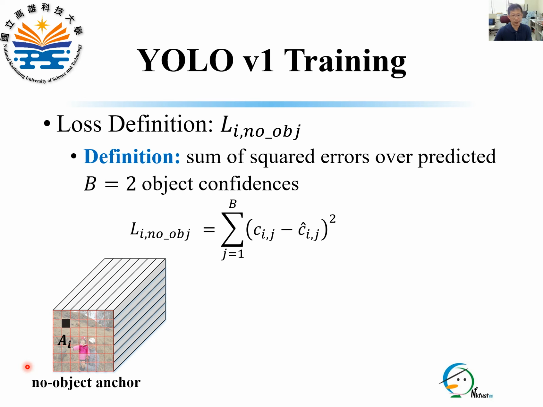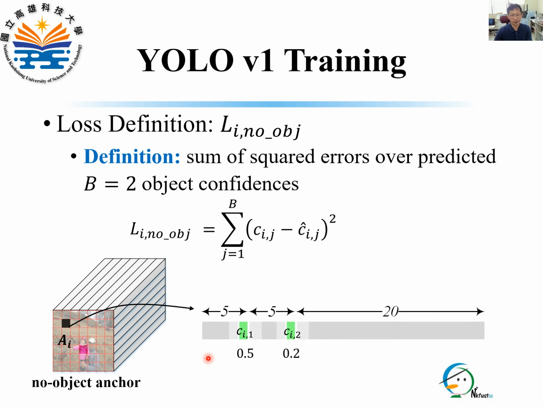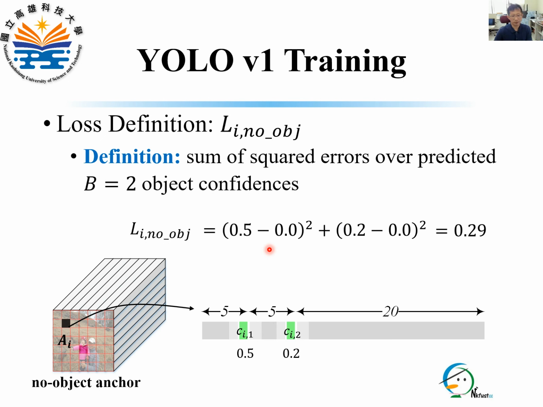For this non-object anchor, let the predicted two object confidences be 0.5 and 0.2. The non-object loss for this non-object anchor is computed as this equation and equals 0.29. These two values are the ground truth object confidences for non-object anchor.